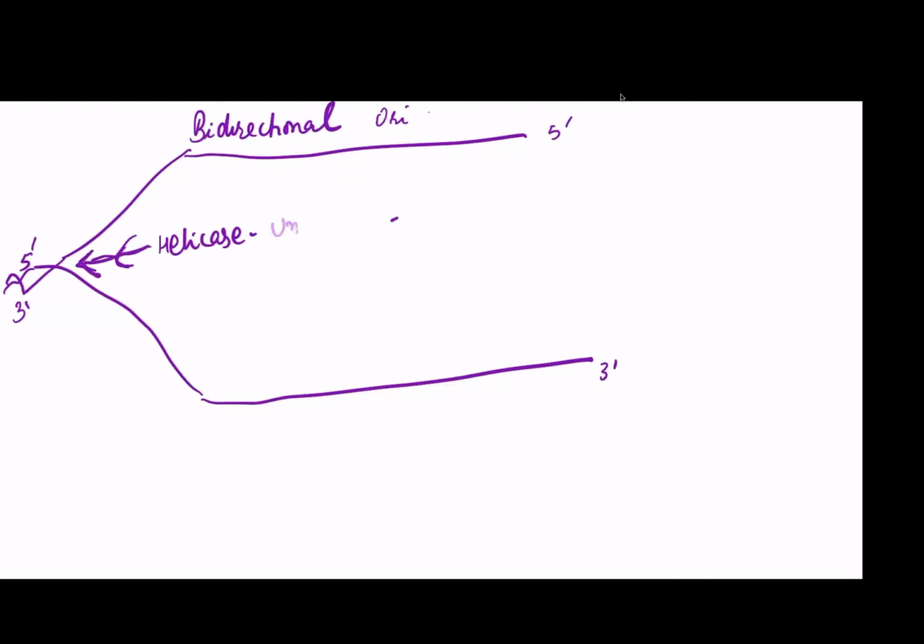Now I will just get rid of these drawings because I need space. There is this enzyme, we call it DNA polymerase 3, Pol3. This is the major enzyme which will do the synthesis. So these are old strands, and you're trying to make a new strand. This enzyme says that I will work only in the 5' to 3' direction, and that I will not start myself, not initiate.